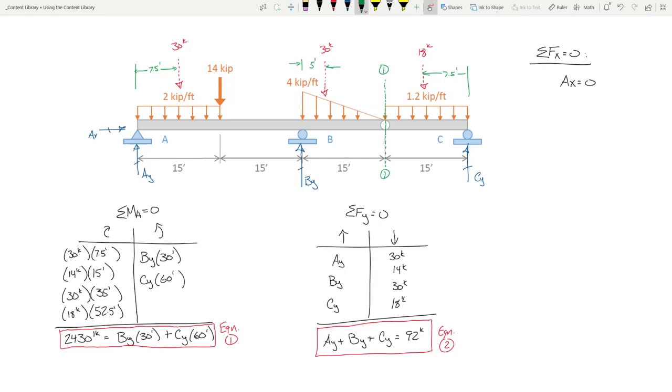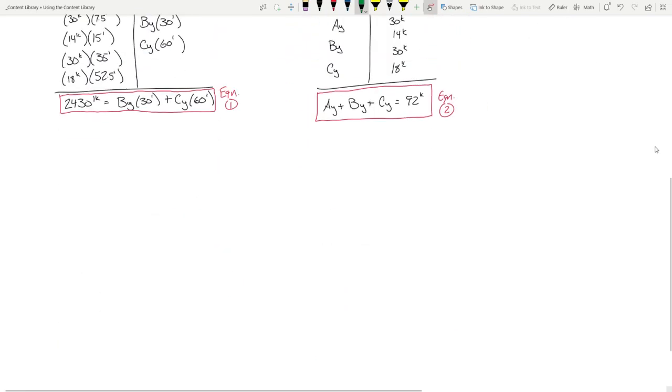So in order to do that, we're going to go down here and say cut a section at the hinge. So I'll use my @ symbol. We'll say look to the right.